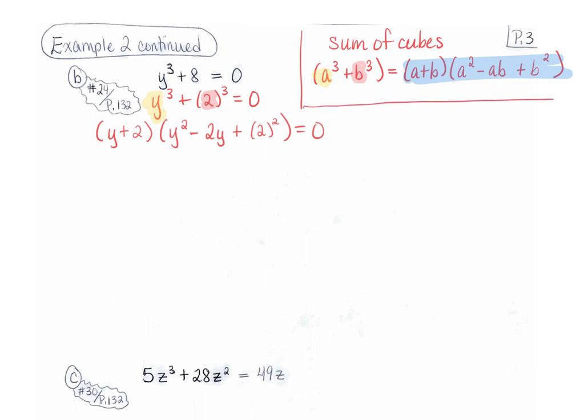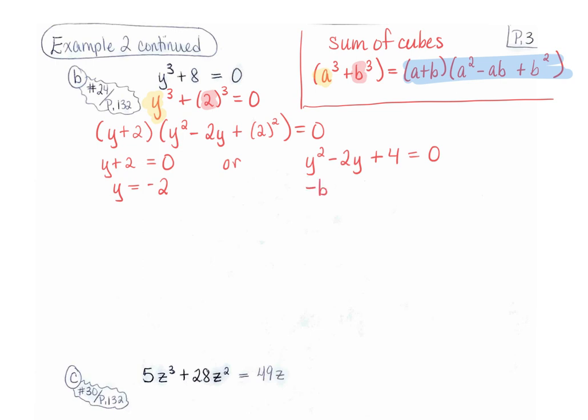So we can now have that y plus 2 is equal to 0, or y squared minus 2y plus 4 is equal to 0. This gives us y equals negative 2, so that's one of our solutions. And then here we can use the quadratic formula.